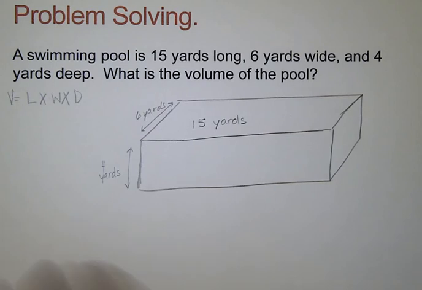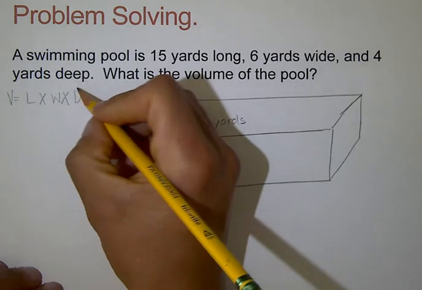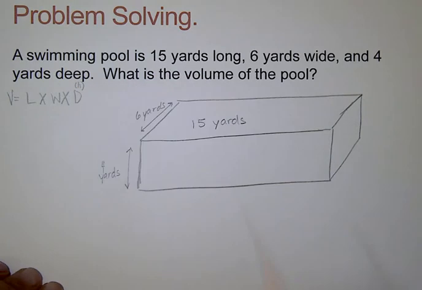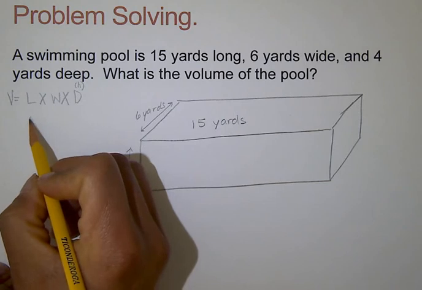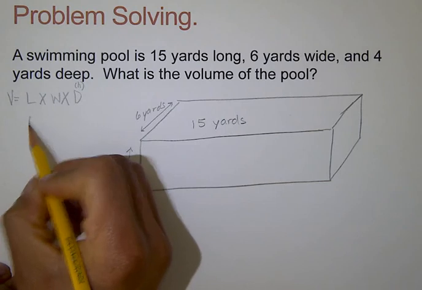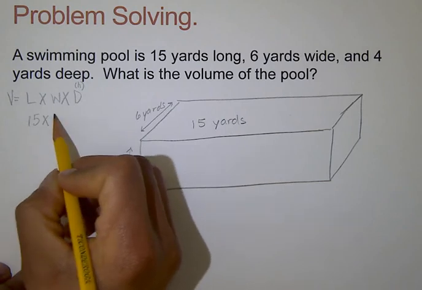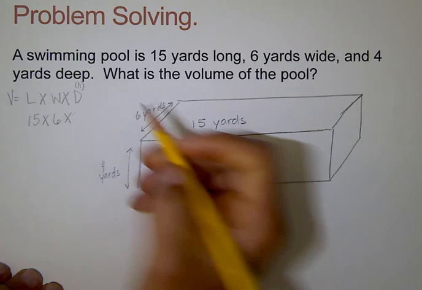That's what we are going to use to multiply to find the volume of our pool. Don't forget, sometimes it's called height. So I'm going to put an H there, height. So that would be 15 times 6 times 4.